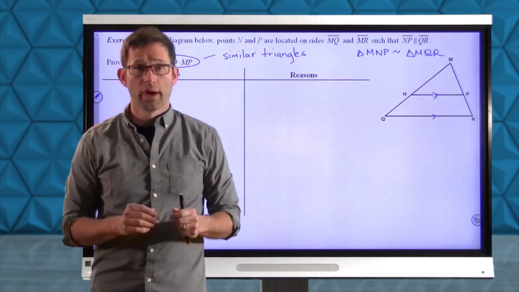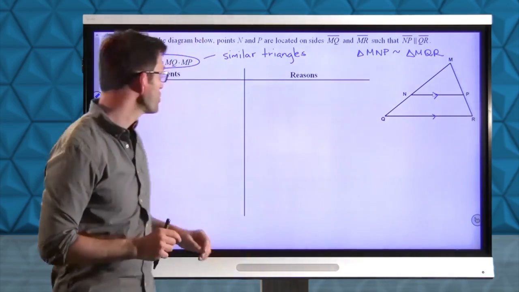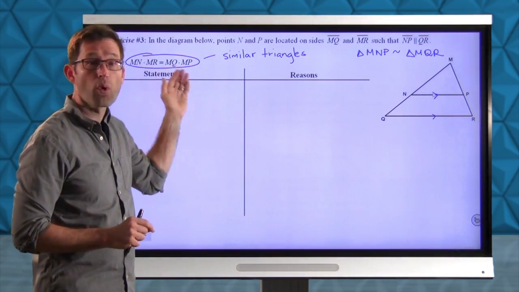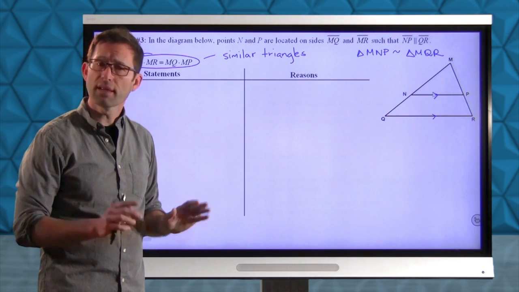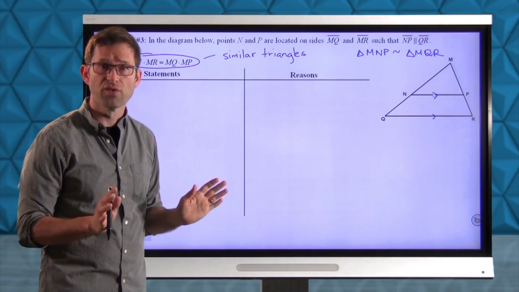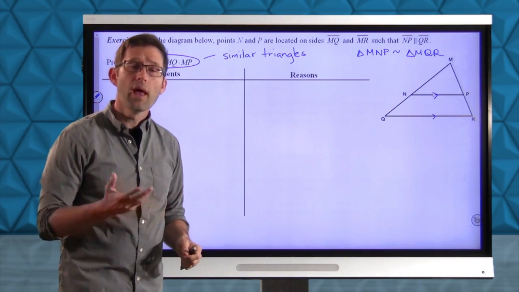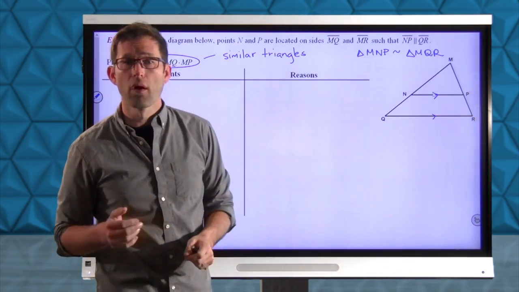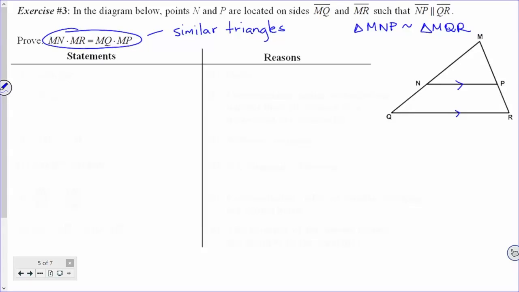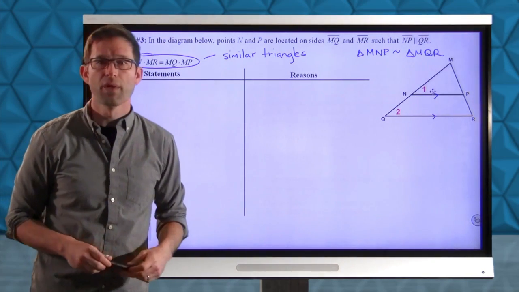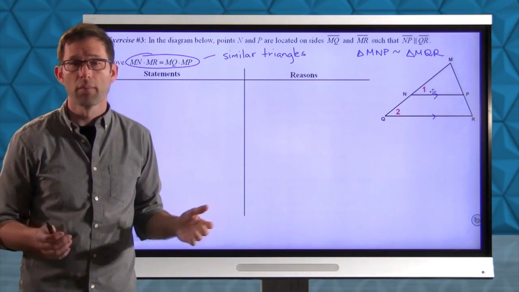Once we have those two triangles similar, we can then set up a proportion that involves these four sides. Okay, and that's not going to be actually all that hard to do, but we first got to get the triangles similar to each other. And so that we can all sort of follow along on the same proof, one thing I'm going to do is label those two angles, angle 1 and angle 2.